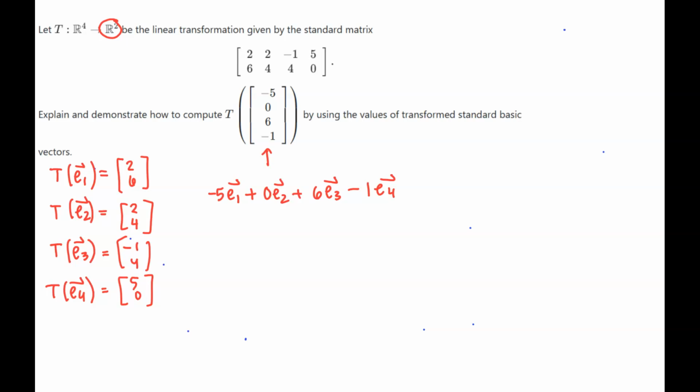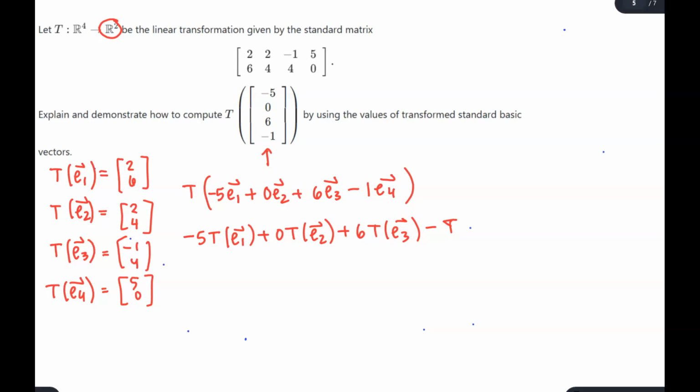Now, we have all these pieces, and we know if I want to find the T of all of that, since this is a linear transformation, I can go ahead and do this linear combination before or after the transformation. So this is what we could rewrite this as because of the properties of linear transformations.